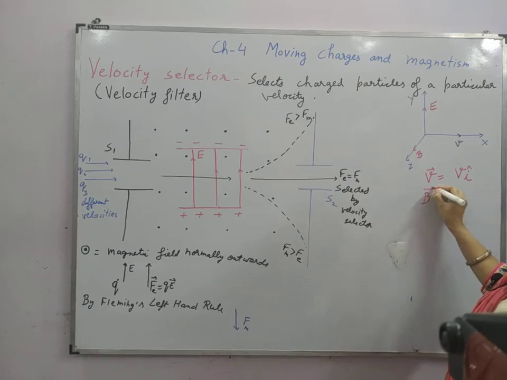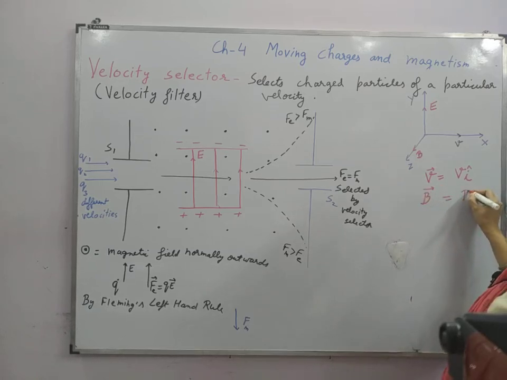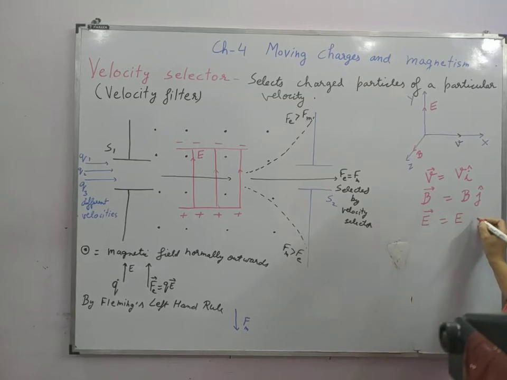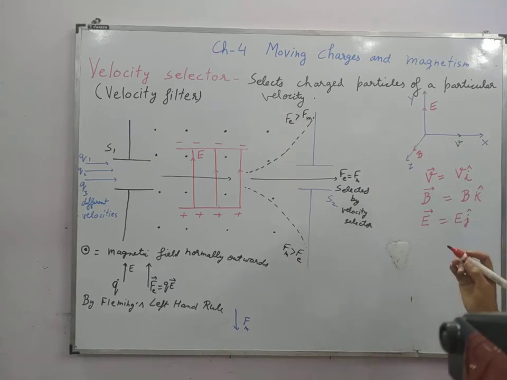Magnetic field vector is B k cap, because magnetic field is along z axis. Electric field is along y axis, so electric field is E j cap, right?